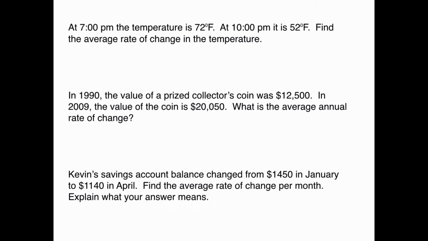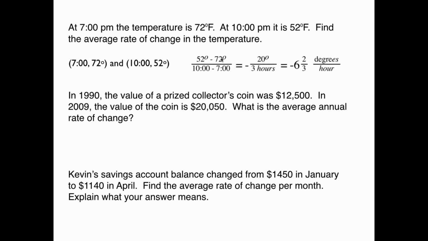There's not a causal relationship here, but usually when time is just moving forward and stuff happens, time is considered your independent variable, and the stuff that happens is considered your dependent variable. So to set up your ordered pairs properly, we're going to put time as our input and temperature as our output. And I'll show you why in just a second, why this is so important.